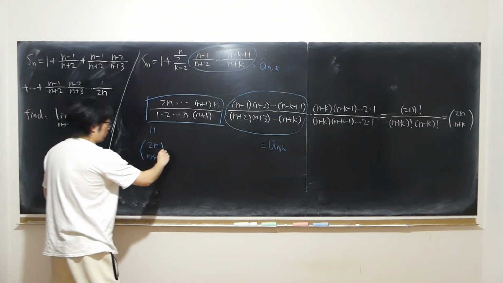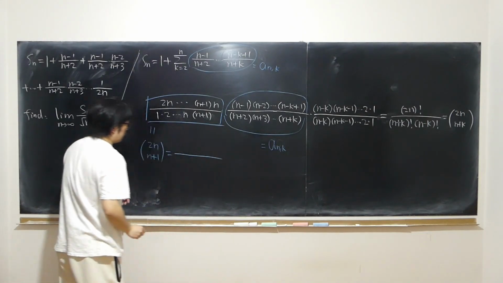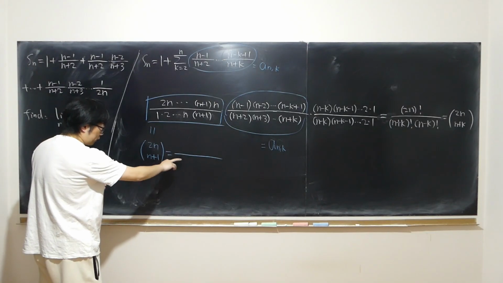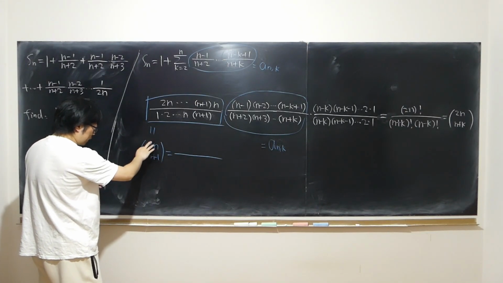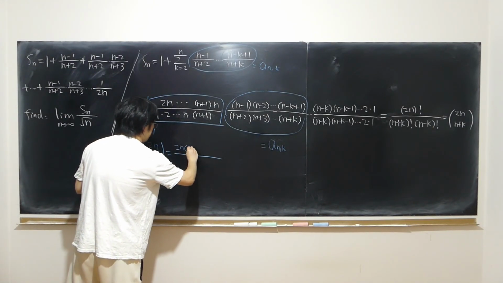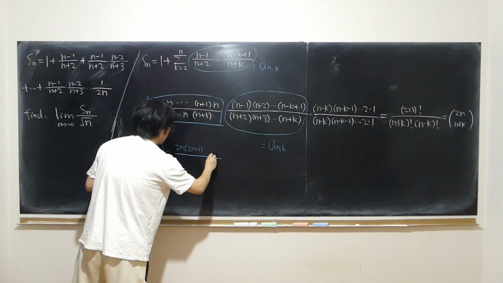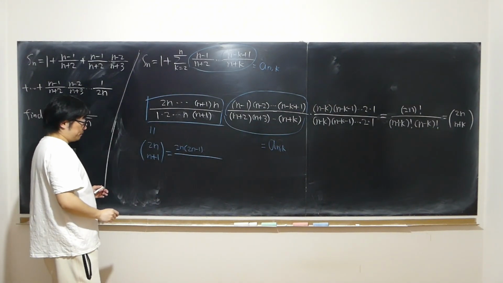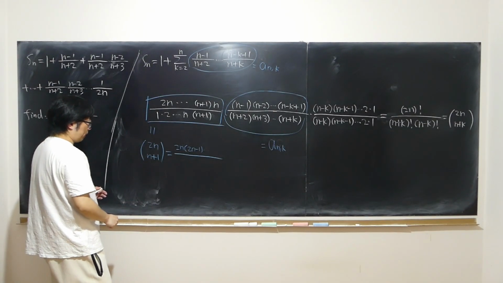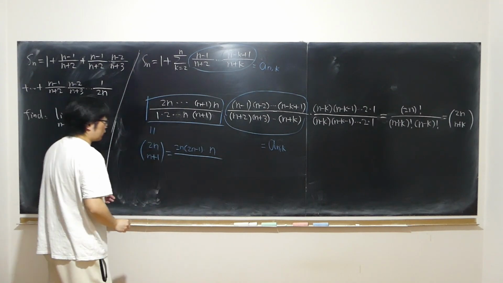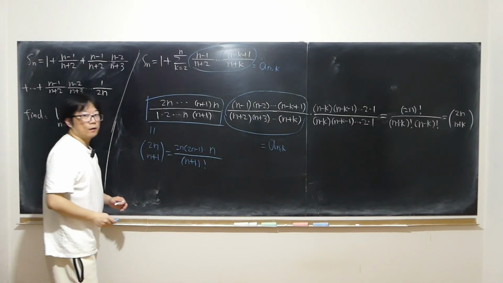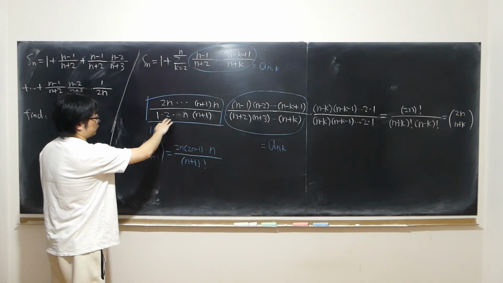Because remember, not only can we write it as 2n factorial over n plus 1 factorial times n minus 1 factorial, we can also write it as 2n times 2n minus 1 all the way down, you stop at this minus this plus 1. You stop at n, and you divide by n plus 1 factorial, which is exactly equal to this one.